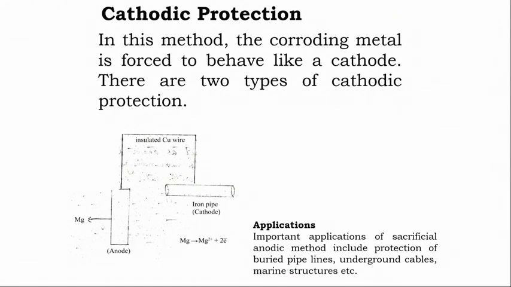The first way is by connecting it with another material which is anodic to that metal to a large extent. When you connect an anode with your component, corrosion basically proceeds in the anode. The anode is mainly subjected to the corrosion.